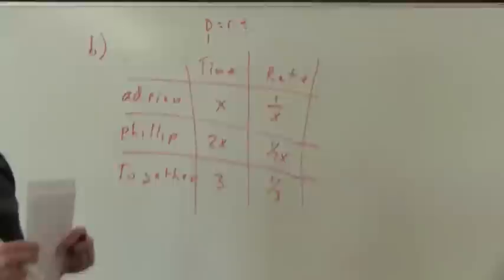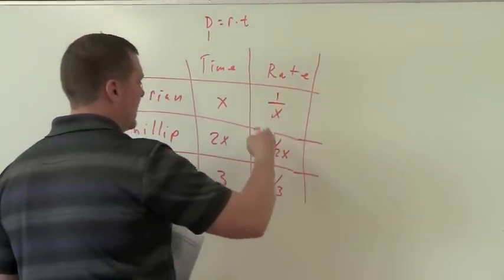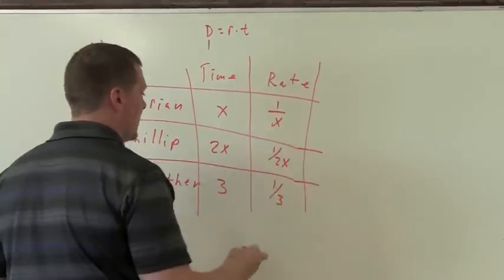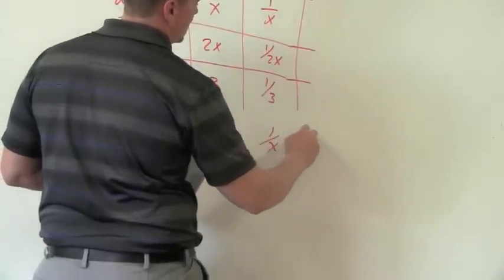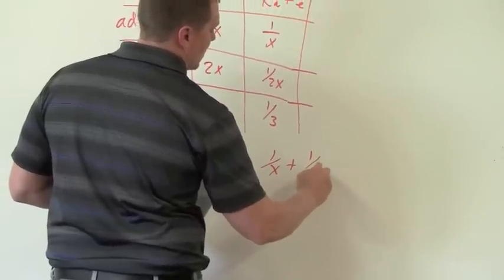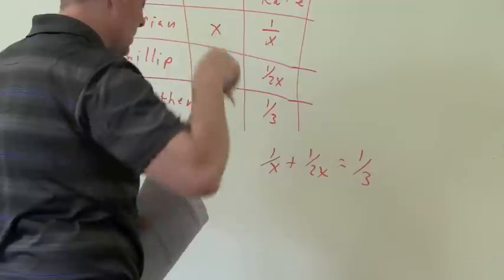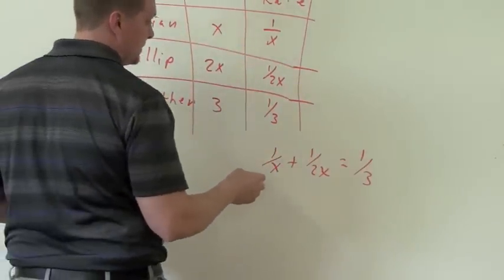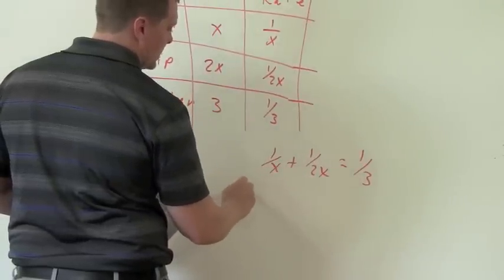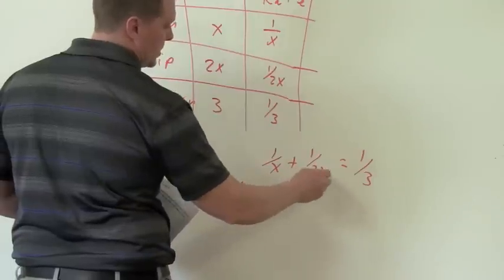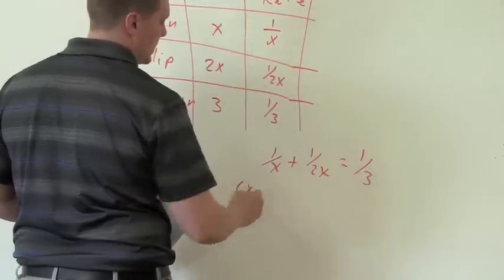Since they're working together, we add our rates: 1 over x plus 1 over 2x has got to equal 1 over 3. We need a common denominator, and that would be 6x, because the 2x takes care of the x, and then with the 3, 2 times 3 is 6.